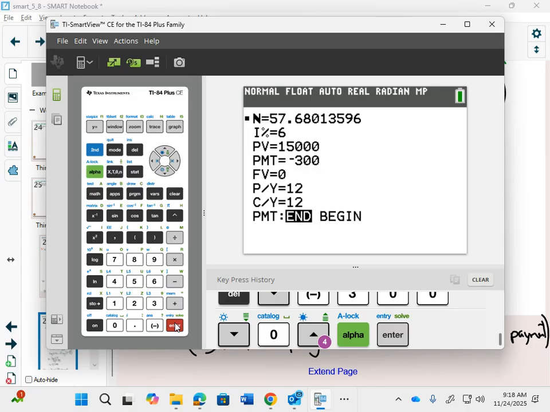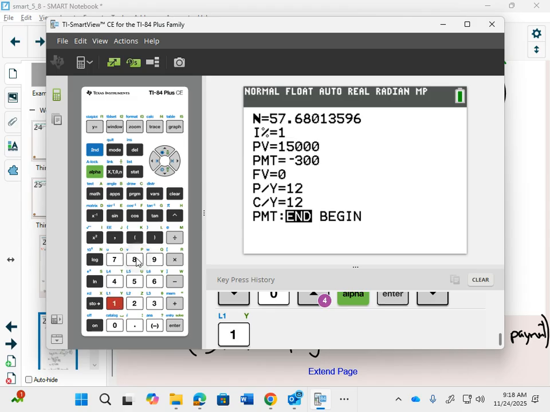But let's say this was your credit card and it was 18% instead of 6%. You bought your car with a credit card and you're like, I can't afford to pay it back at the end of the month. But the thing that credit cards get you with is they're like, don't worry. You can't pay the $15,000. You only have to pay $300. You're like, sweet. This is nice.